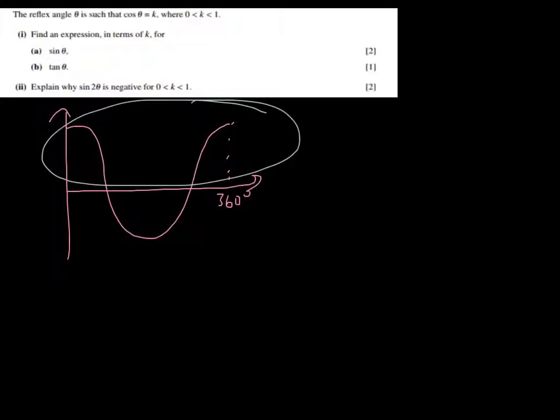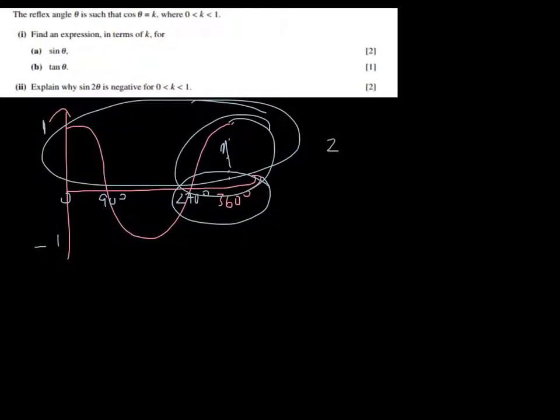The other thing we know is that while the cosine function goes from 1 down to -1, it cuts the axes here at 90 degrees, and it cuts the axes here at 270 degrees. So in fact, if we know we're after a reflex angle, then we know that our angle for theta is between 270 and 360 degrees.